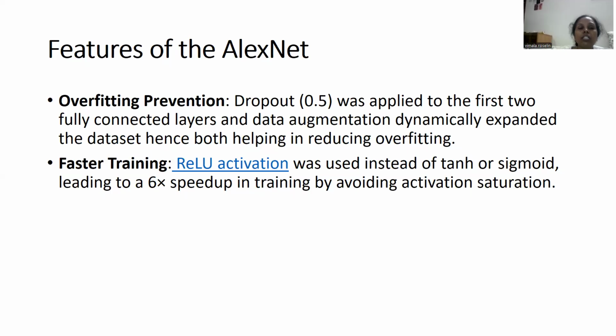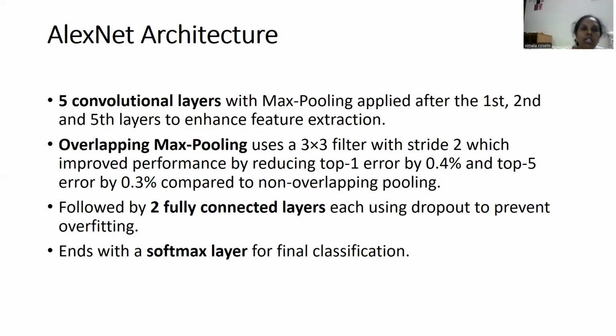It leads to about six times speedup in training and avoids activation saturation. Another feature is five convolutional layers with max pooling, applied after the first and fifth layers to enhance feature extraction.